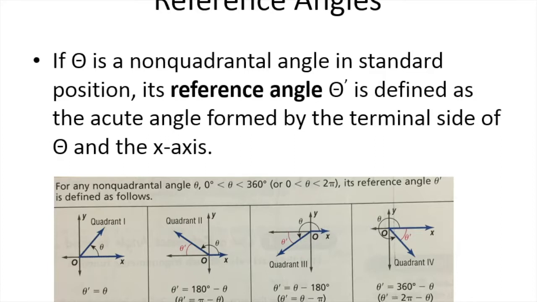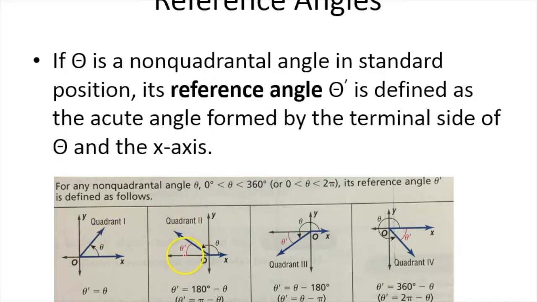So it would fall here in quadrant 2, where I could then find a reference angle that is acute that matches with that. Anytime that you are in quadrant 1, your reference angle is the same as the angle measure, because anything in quadrant 1 is an acute angle already.